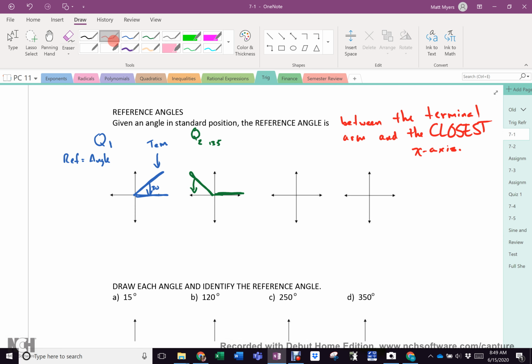So, all the way is 180, but I went back here. So I took away 135. So the reference angle here is 45 degrees. So in quadrant 2, reference equals 180 minus our theta, since theta was 135.